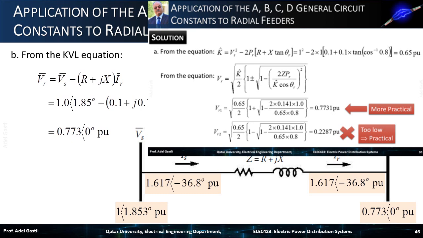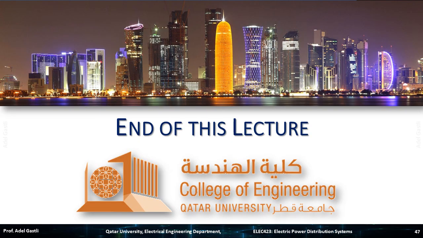Of course, using the KVL is much easier and straightforward for this simple case. However, when the system becomes more complex, the KVL becomes difficult and the application of the ABCD general circuit constants becomes more justified. This is the end of this lecture.